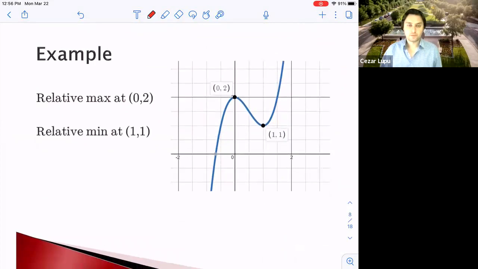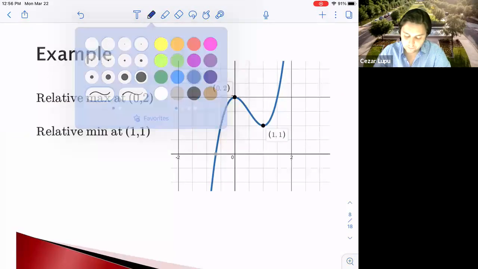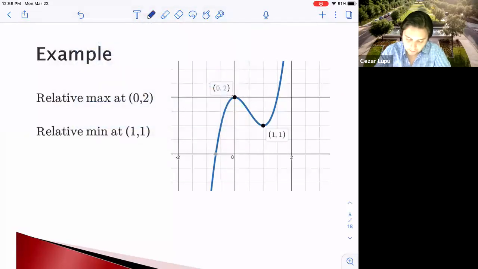So we have the graph of this function. You see it goes up all the way to the point of coordinates (0, 2). Then it goes down all the way to the point of coordinates (1, 1), and goes up again.